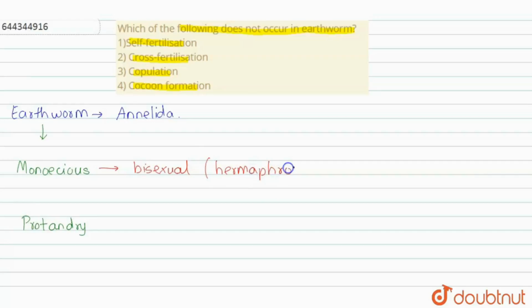This simply means that the male sex organ and the female sex organ are both present in the same body of the earthworm. So this is what we mean by monoecious.